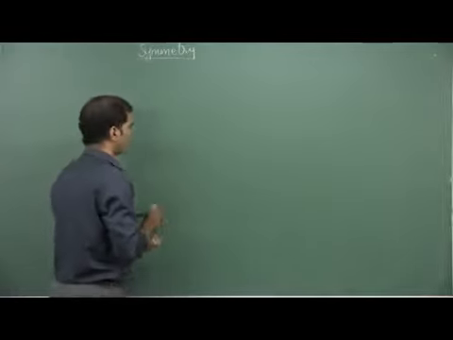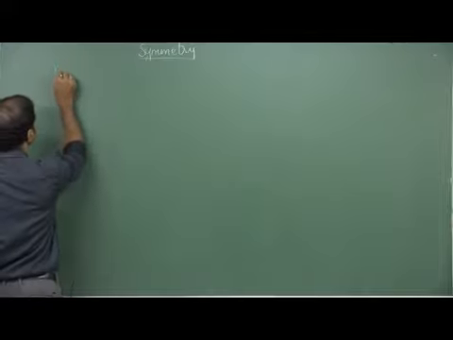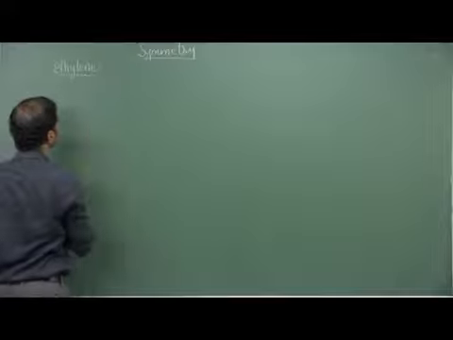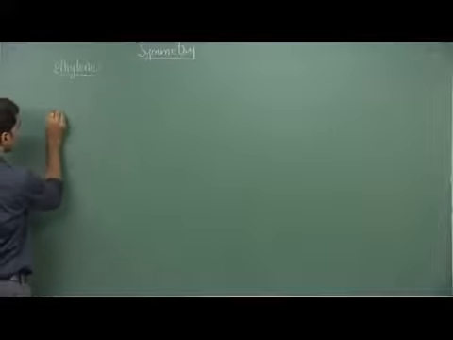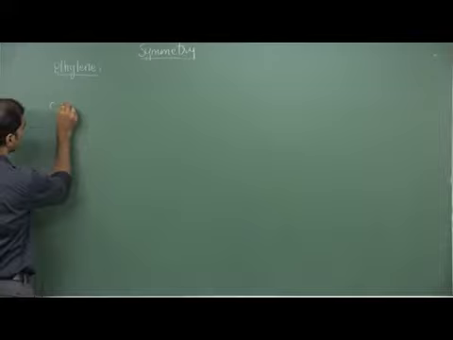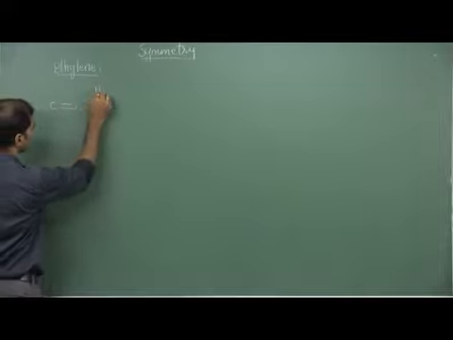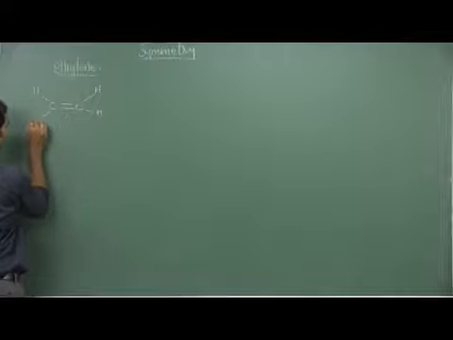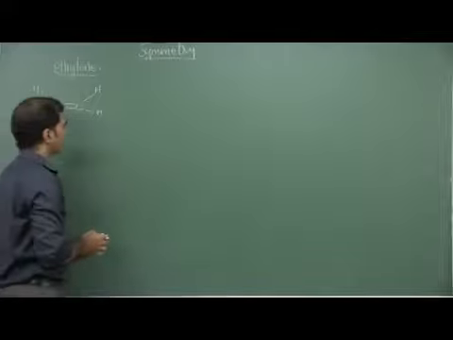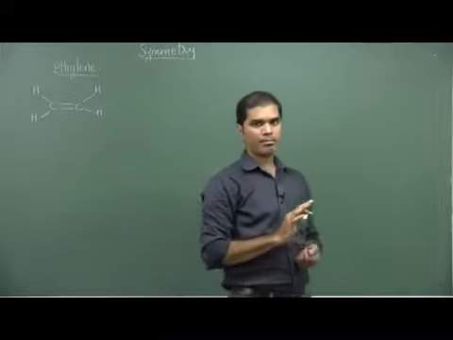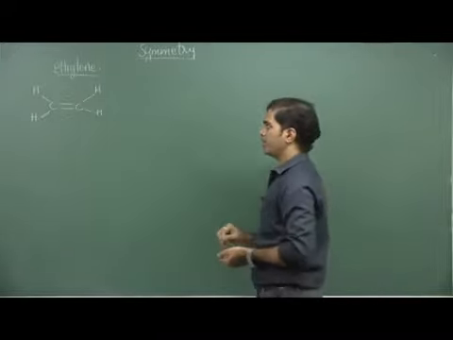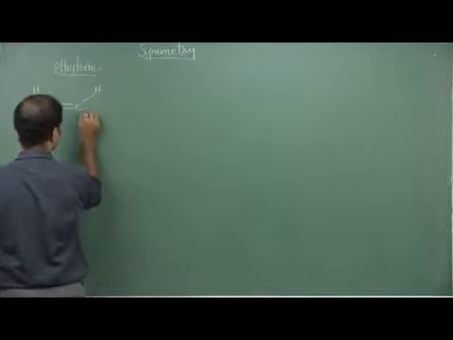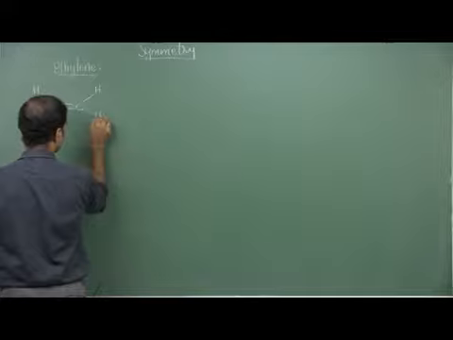Let me take an example of ethylene. Well, ethylene is a non-linear but a planar molecule. Now, let me put it more symmetrical.